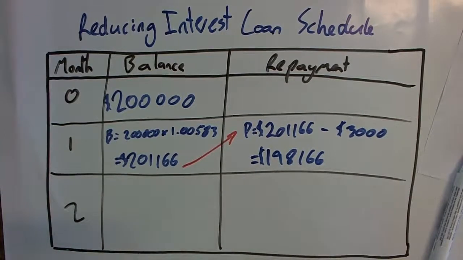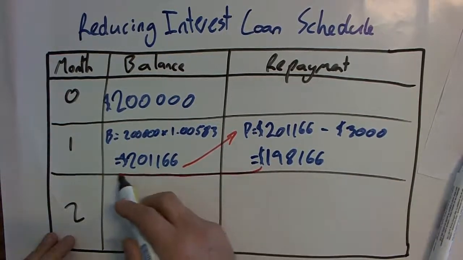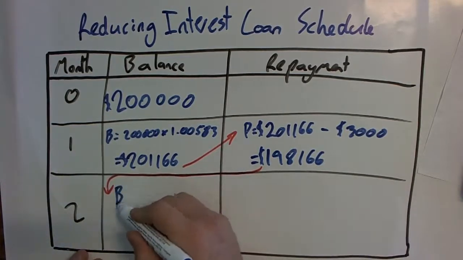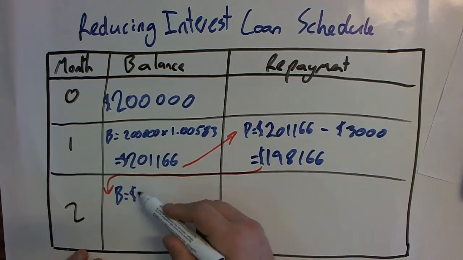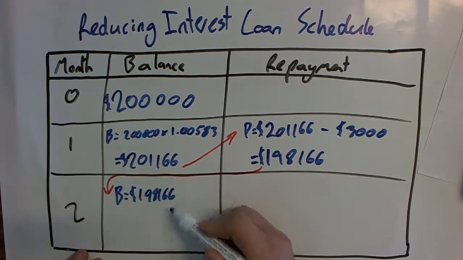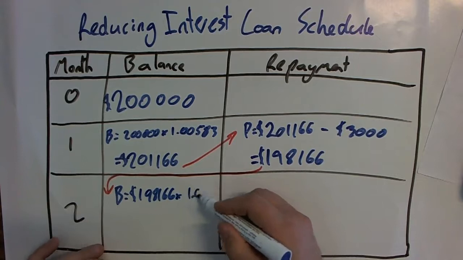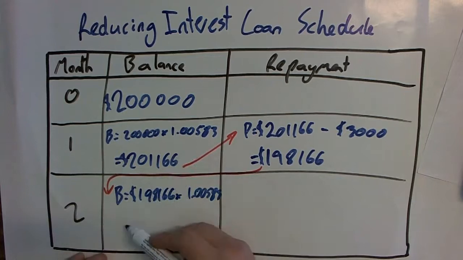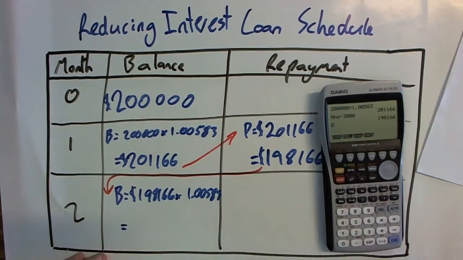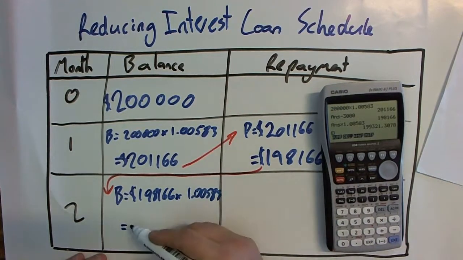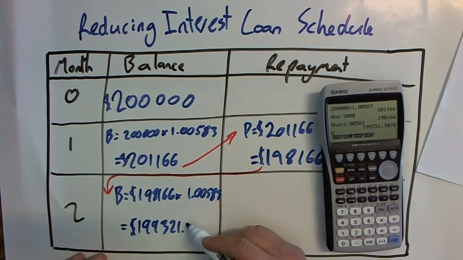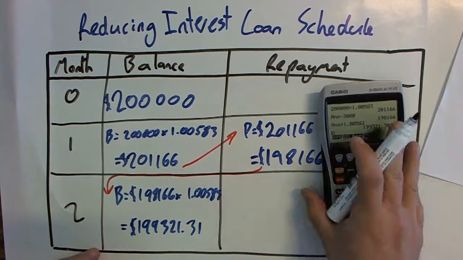To work out how much I owe at the end of the second month, I take this number and put it here. So the balance is my previous month's balance, 198,166, times my monthly interest rate number, 1.00583, which is 199,321.31.